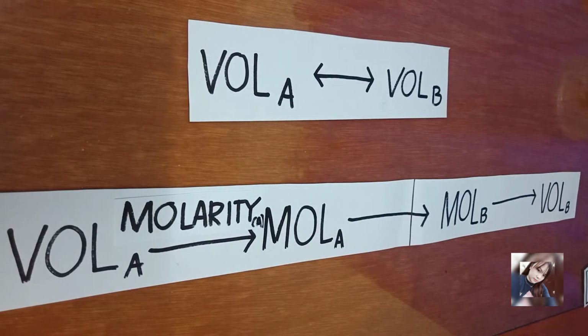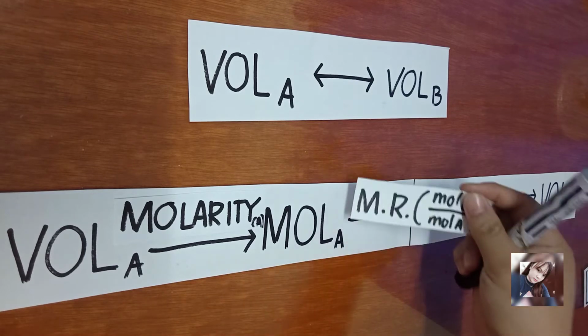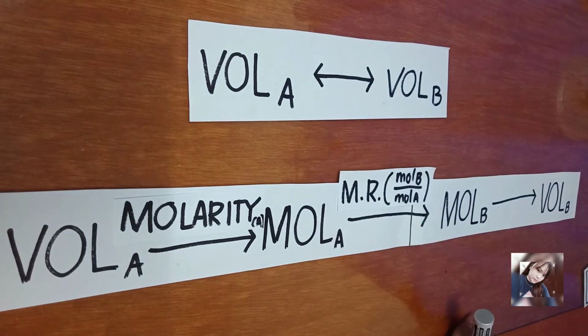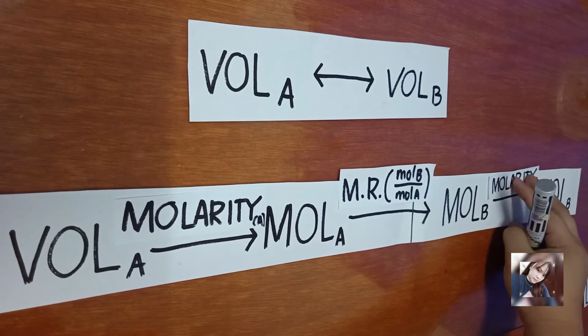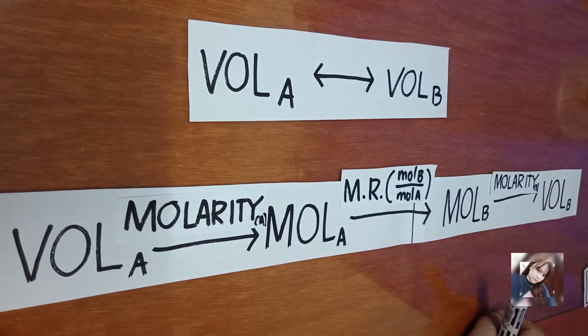And then after that, the mole of the given substance will be converted to the mole of the other substance using their mole ratio or the conversion factor, which could be obtained from the chemical equation. And then that mole will be converted to the volume of the unknown substance using the molarity of that substance.